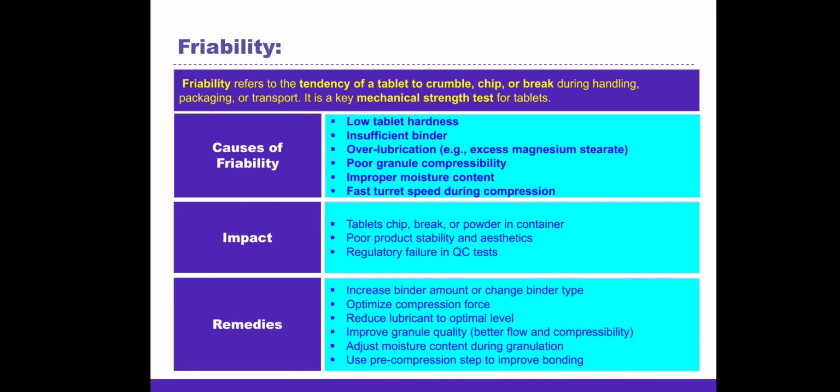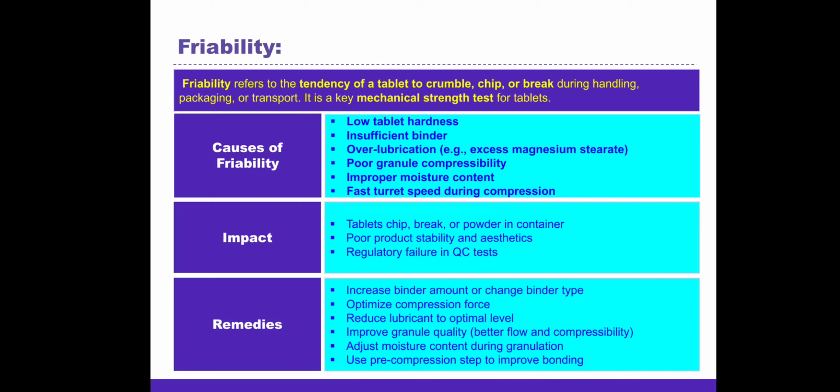Now we'll see the remedies for friability. Increase binder amount or change binder type. This particular remedy is related to process development, and as I said previously, in that flow we have to complete this and we have to implement it. Then next one, optimize compression force.